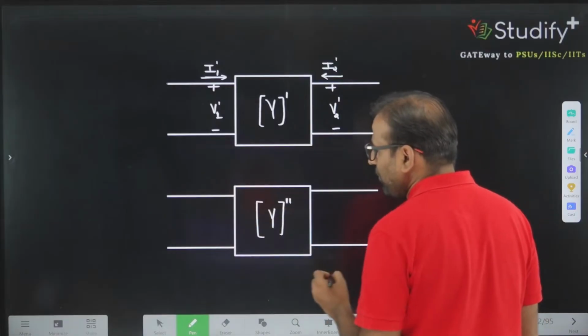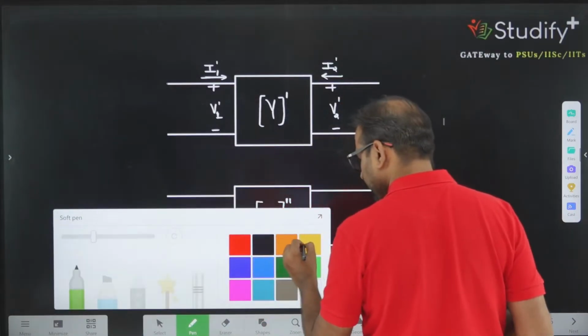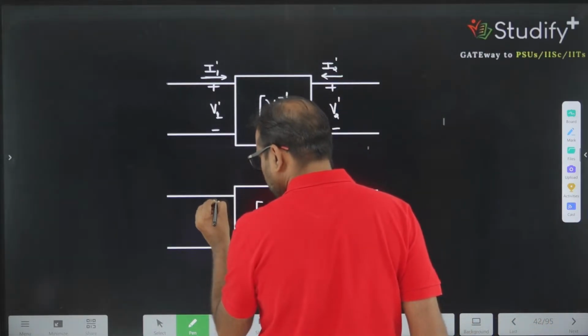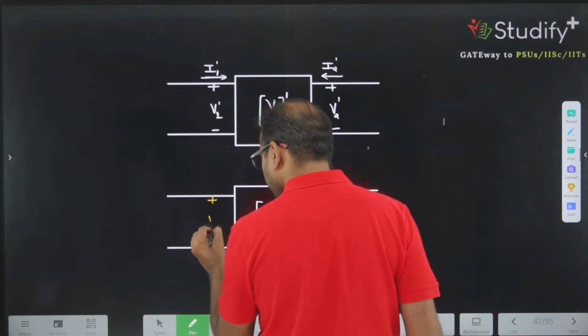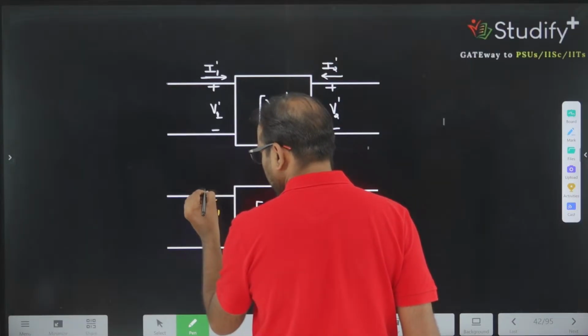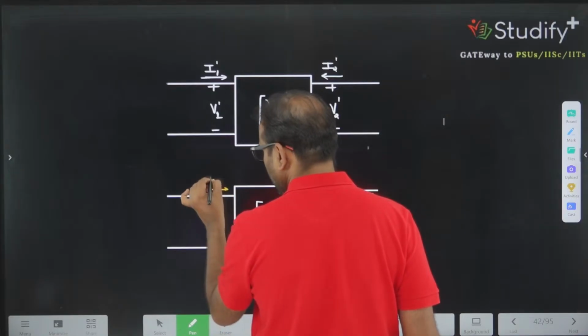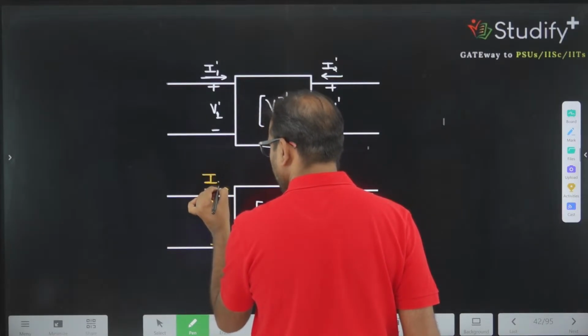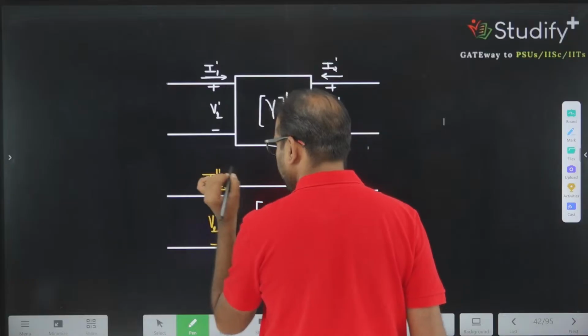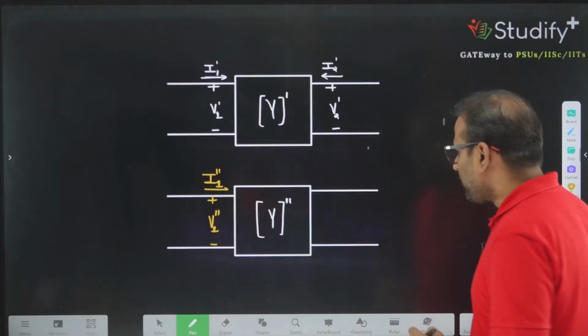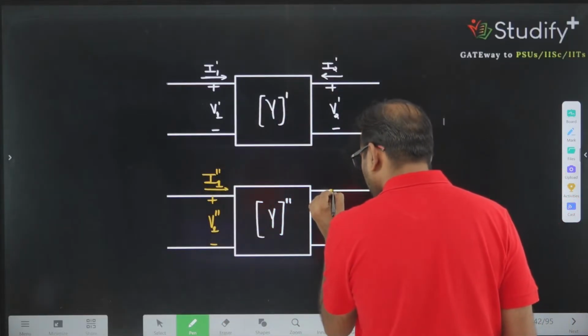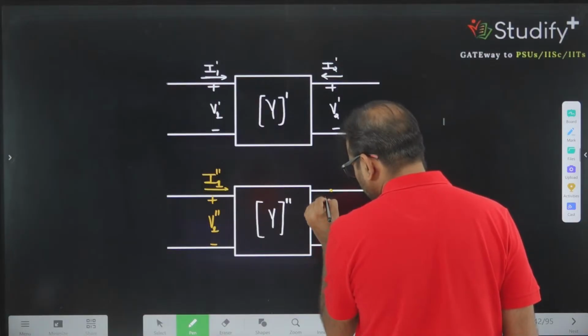For second two-port network we can say this value is V1 double prime and current is also I1 double prime. What about the output terminal? Let's say this is your output terminal, and how you are defining the output terminal?